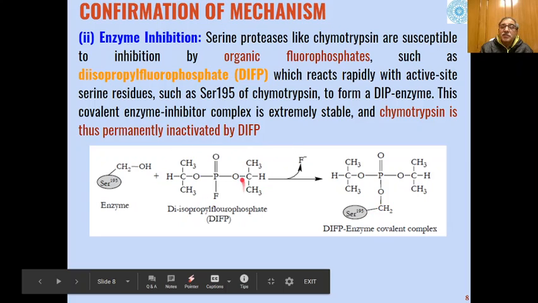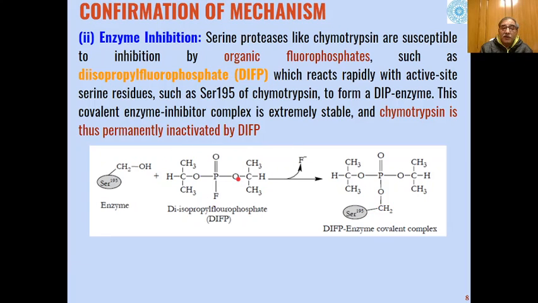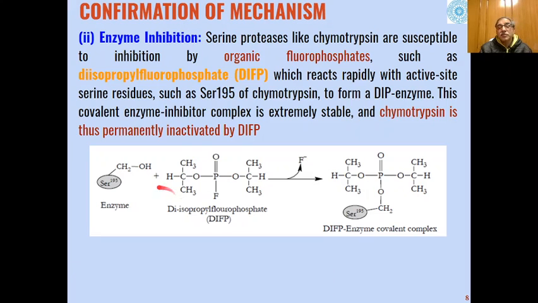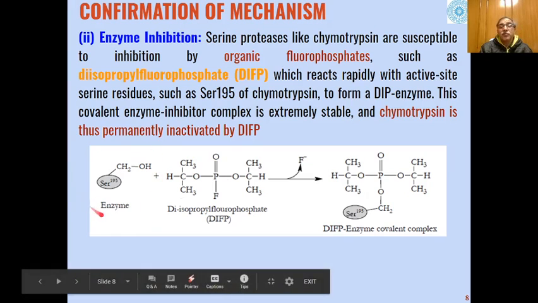If we use this, the hydrolysis of polypeptide is stopped, because chymotrypsin becomes permanently inactivated in the presence of DIFP. So this also proves that the mechanism at the active site involves the formation of a covalent intermediate between enzyme and substrate.